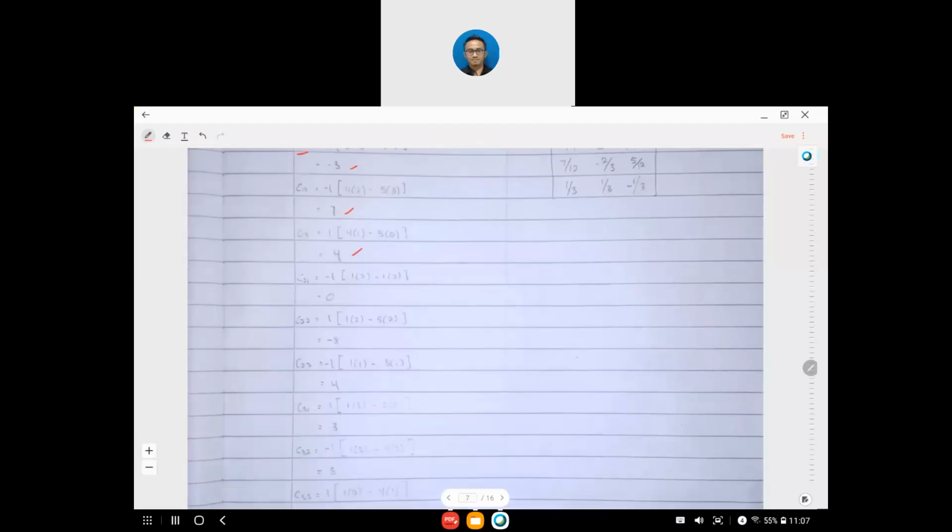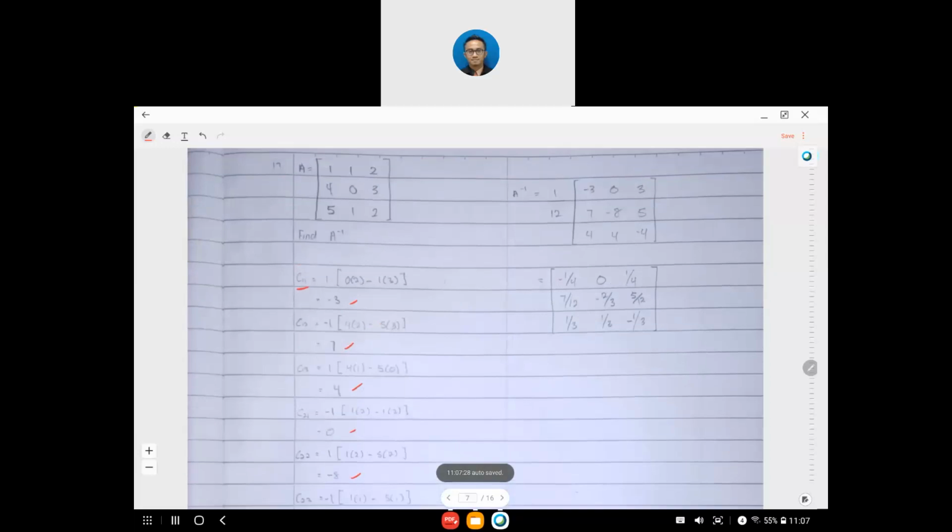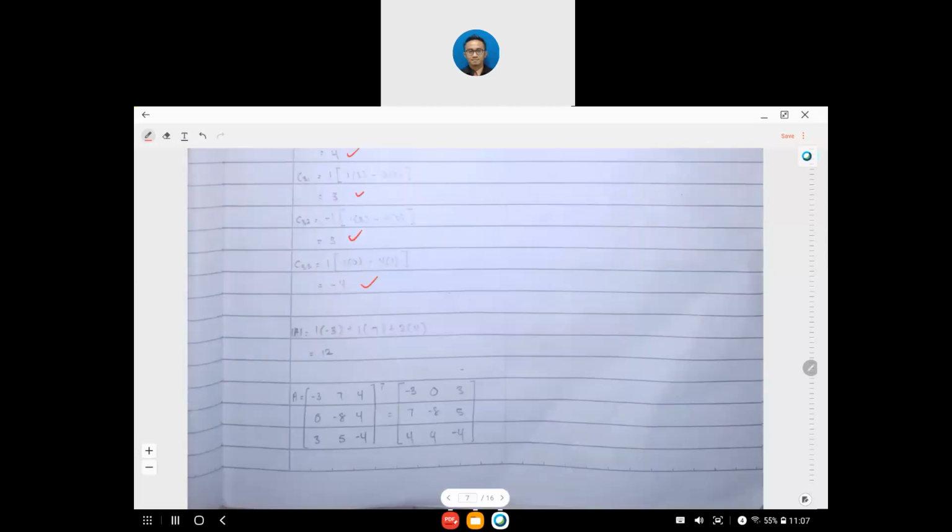Okay, and next, cofactor 2 1 equal to 0, cofactor 2 2 equal to negative 8, cofactor 2 3 equal to 4, cofactor 3 1 equal to 3, cofactor 3 2 equal to 5, and the last one, cofactor 3 3 equal to negative 4. Next, we need to find the determinant. Okay, the determinant equal to 12.